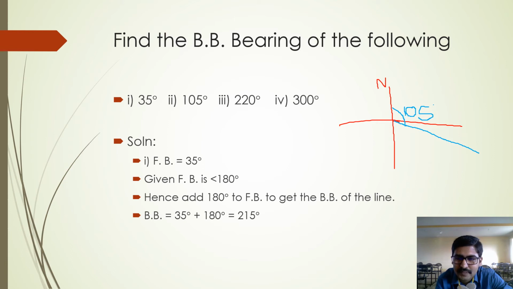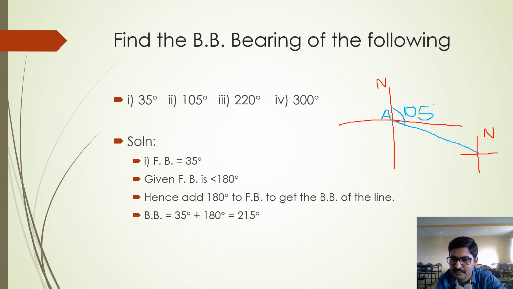So now if I have to get the back bearing of the line, this is forebearing, so that means what, this is point A, because forebearing of the line is measured at the starting point. And now if I have to show you the north direction here, I should have drawn it a little smaller, but still let us have one more way of doing this. So this is point B here, okay.